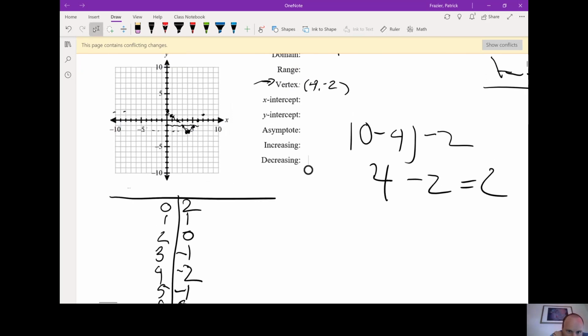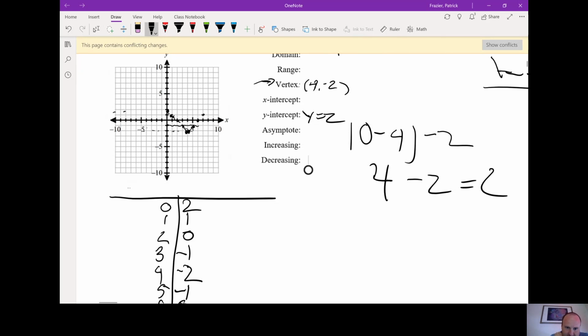All right, that makes sense. When x equals 0, we're right at 2 over here. So that's our y-intercept. That's where the graph crosses the y-axis. When x equals 0, y equals 2.